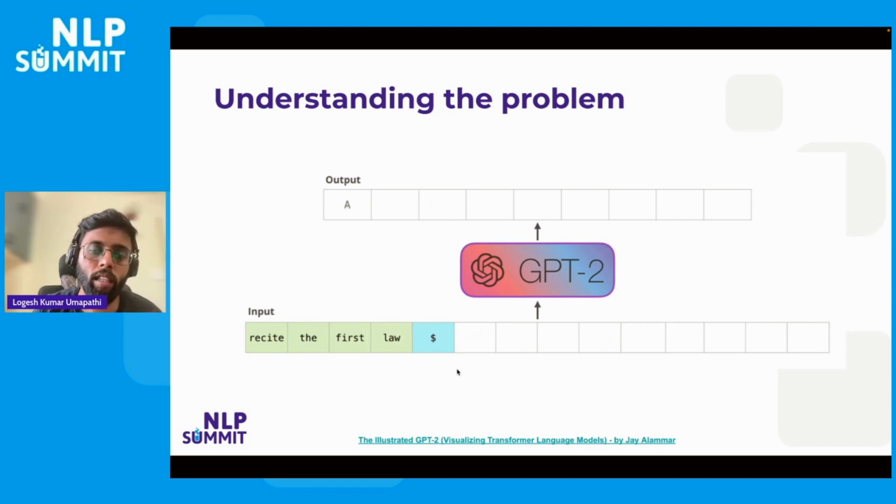So you see that the first "A" is generated, and that "A" goes as an input to the model, and then it generates "robot", and "robot" goes as an input, and so on. So this type of one token at a time generation introduces some challenges in LLMs.